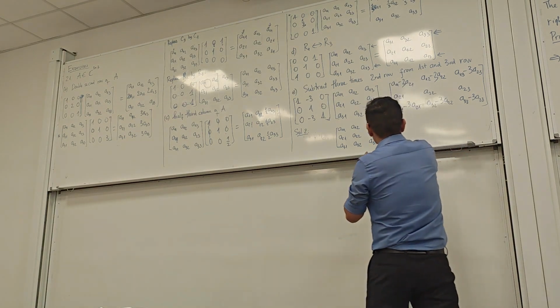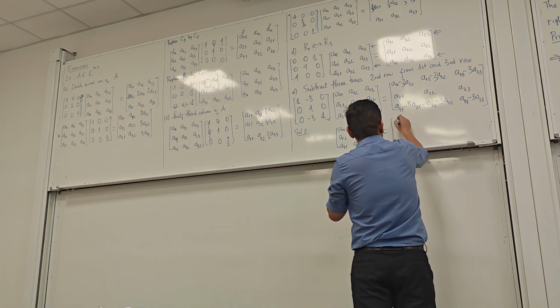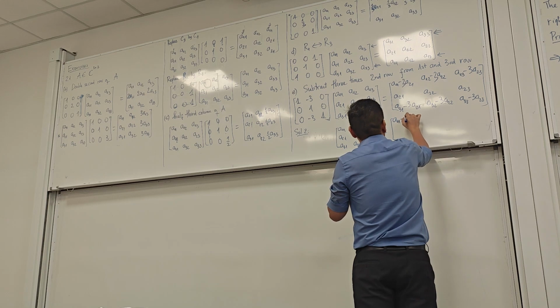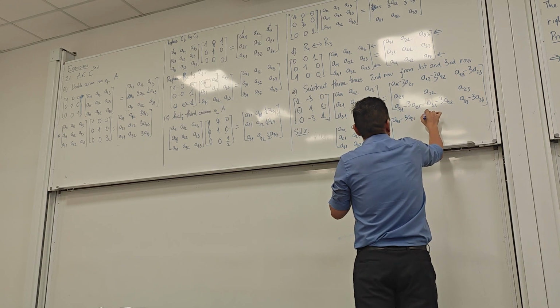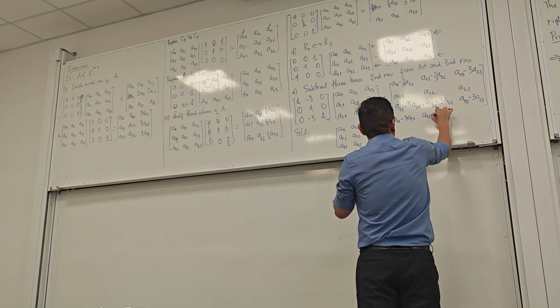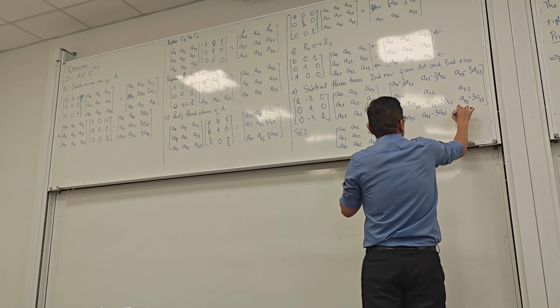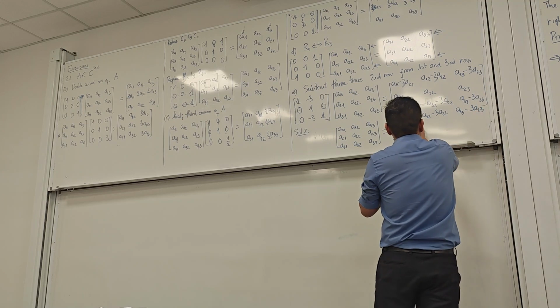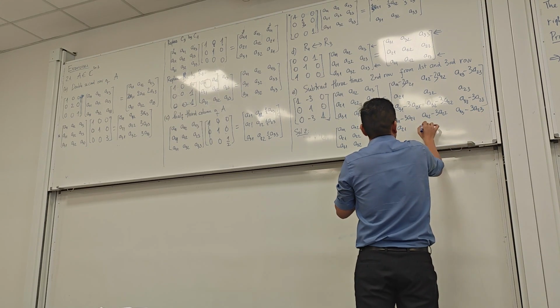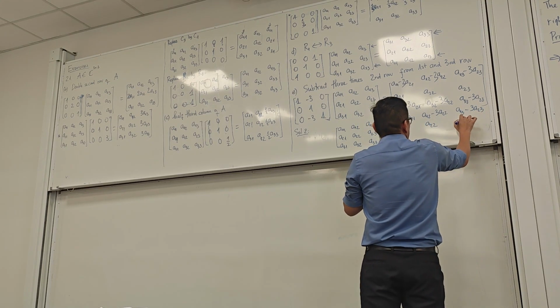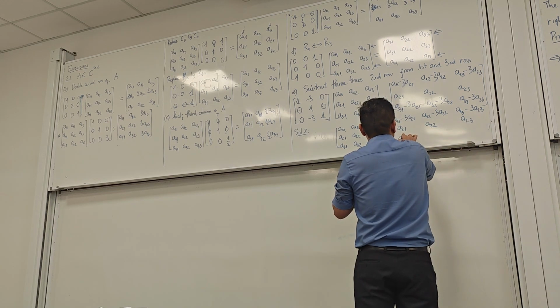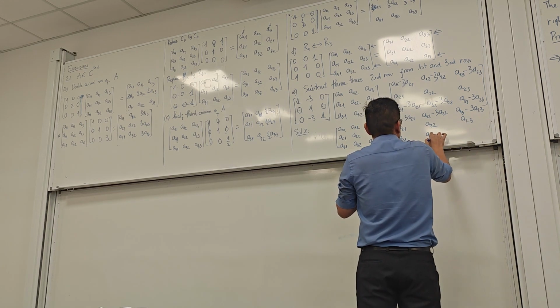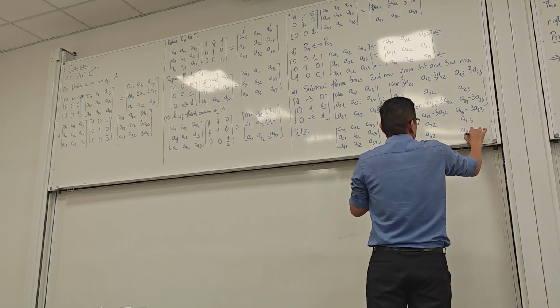For example, here I only do the first row: A11 minus 3 A21, A12 minus 3 A22, and A13 minus 3 times A23. And here I keep A21, A22, A23, A31, A32, A33.